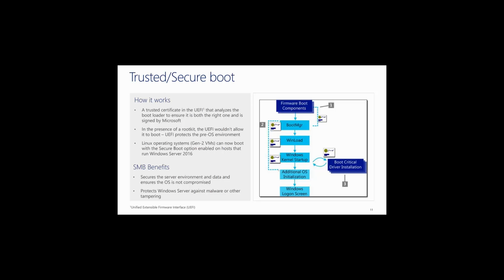So if it notices, hang on, why is it taking an extra couple of 100 milliseconds to do this or that at this stage? Why are these files that I trust replaced with newer versions and I haven't been advised of it? It can actually catch that kind of stuff before the OS even starts, and in some cases even automatically repair that. It will let you know that it's happened, so you can investigate what happened there.